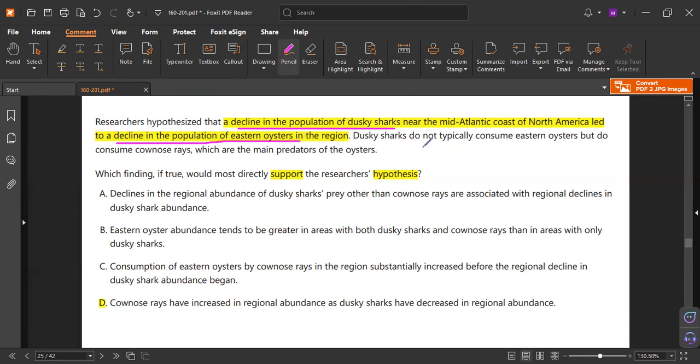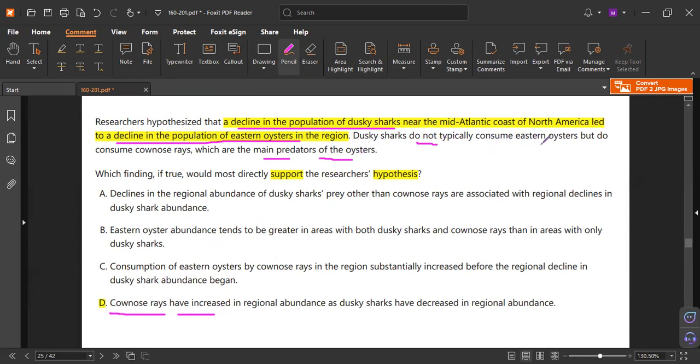And then it gives you information. Dusky sharks do not typically consume eastern oysters, but do consume cownose rays, which are the main predator of oysters. That's why he said this one has increased, because they don't. Feel it?